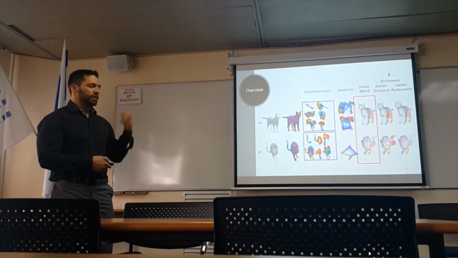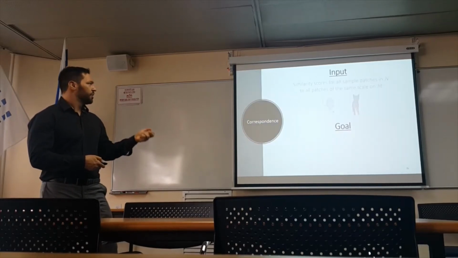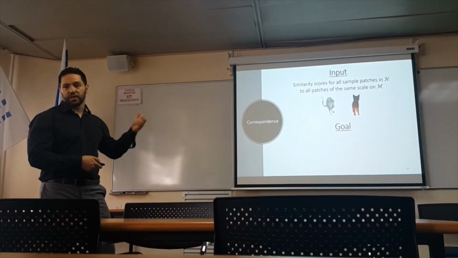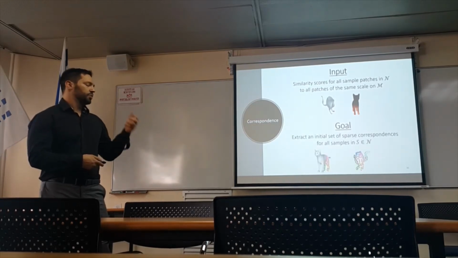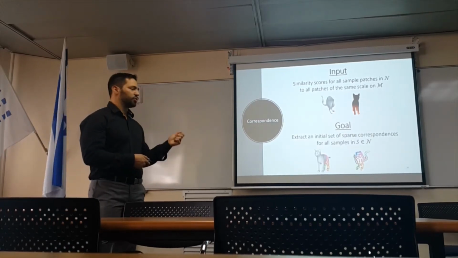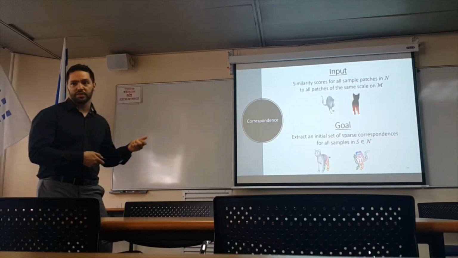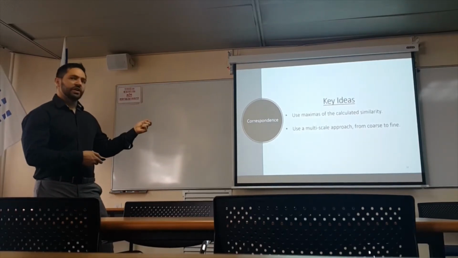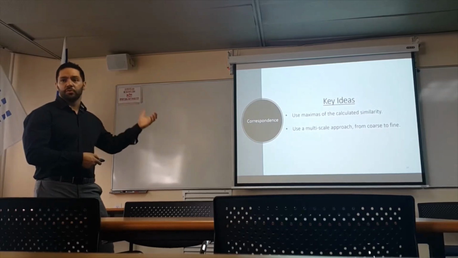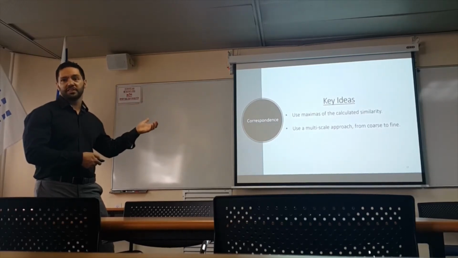So, initial match. We have our similarity for all the pairs of patches at 3 scales, and we want to extract a set of sparse correspondences for all the samples in the part. Key ideas: the calculated similarity, we want the most similar points to be correspondences.